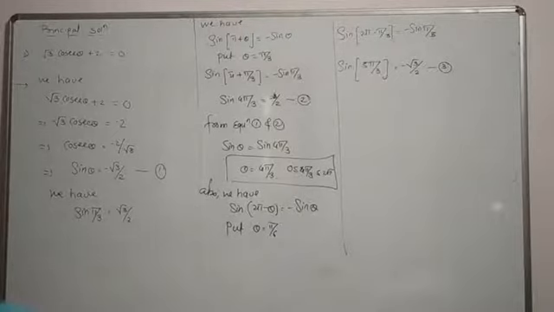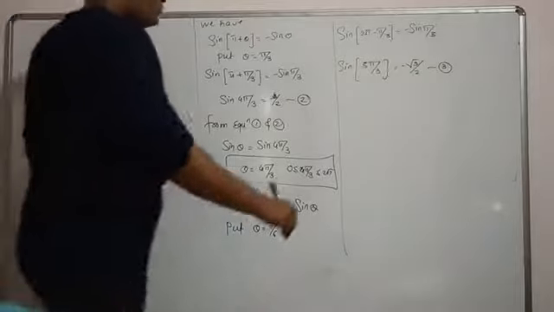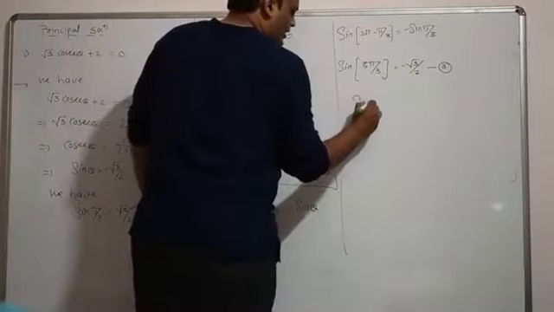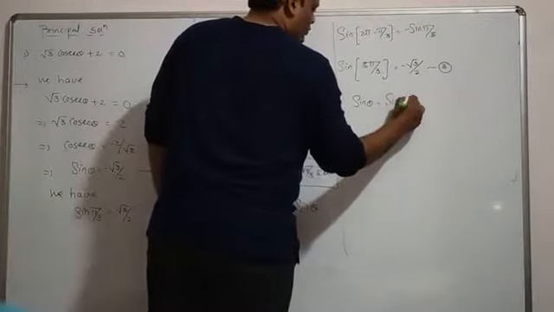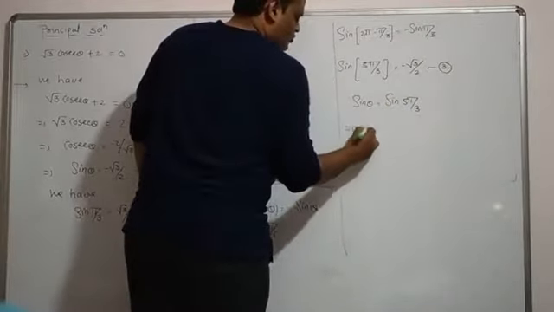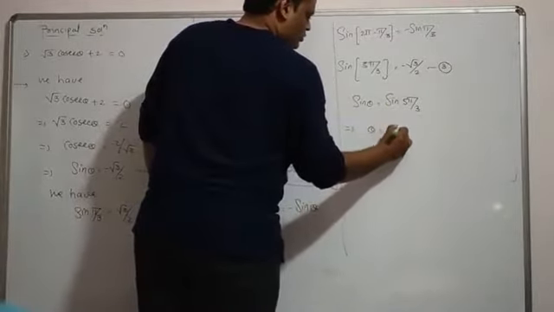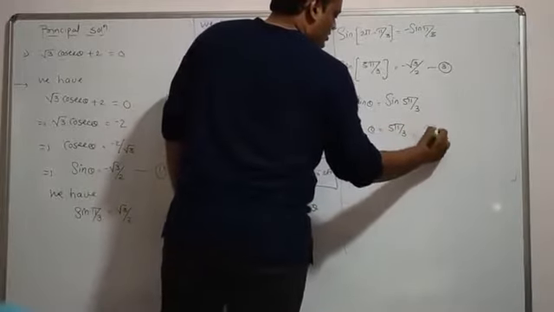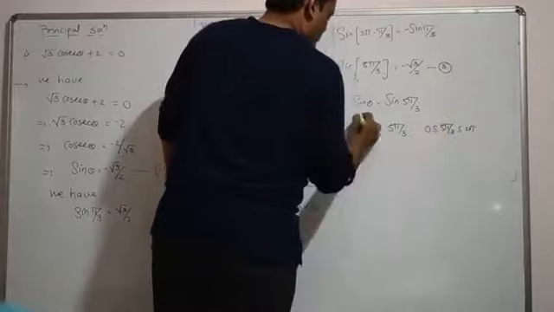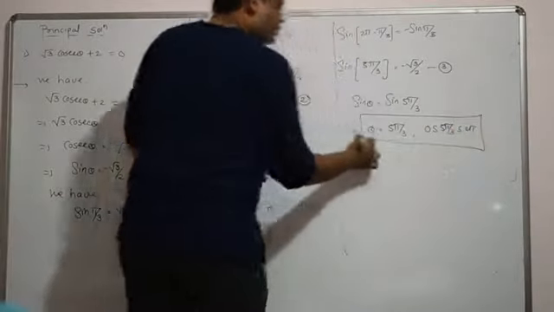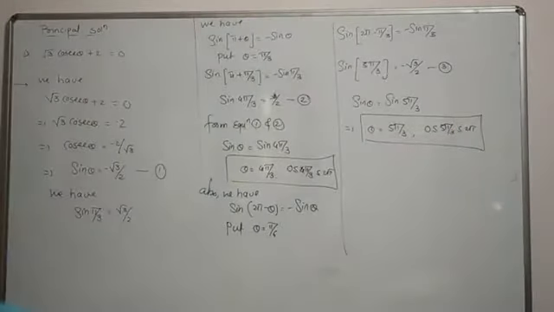So if the RHS are the same, then you can say that the LHS are also the same. So what you have? Sine theta is equal to sine of 5 pi by 3. So theta is equal to 5 pi by 3, such that 0 is less than or equal to 5 pi by 3 is less than or equal to 2 pi. So you have these as two principal solutions.